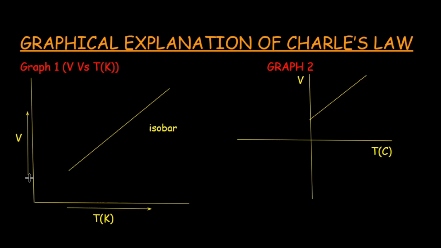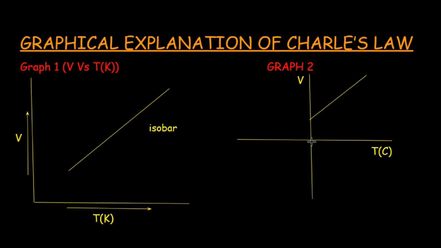How can it meet the y-axis? Let's translate this graph into the Celsius temperature graph. Graph number 2 is between volume and temperature in the Celsius scale. Here the origin contains 0 degrees Celsius temperature, right? So it can be approached.